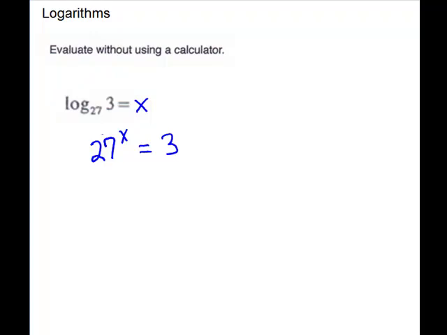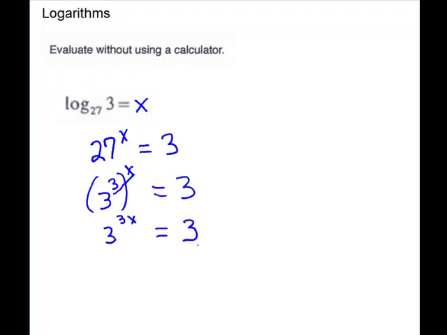So we want to rewrite 27 as 3 to some power. Right? 3 to the 3rd is 27. And then that is to the x. Now, power to a power, keep the base and multiply. So we have 3 to the 3x is equal to 3.